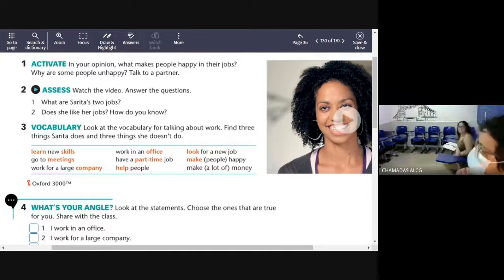Maybe they don't get a good pay, right? I think they have a lack of something. They miss something, but it actually they have.